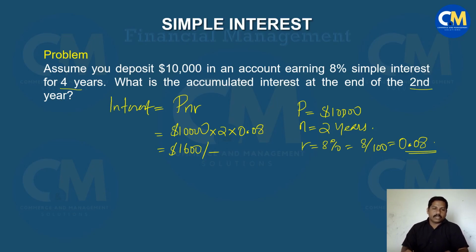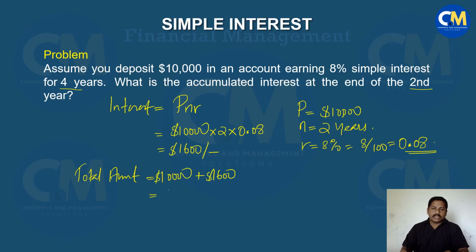So how to calculate the total amount? That is very easy. Total amount is equal to $10,000 plus $1,600.